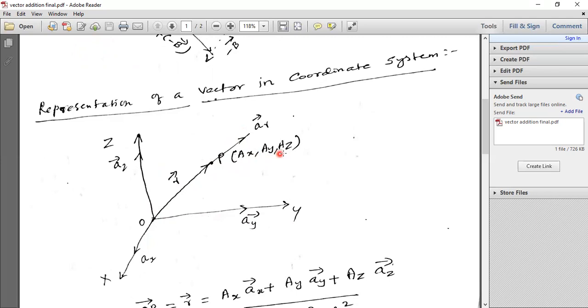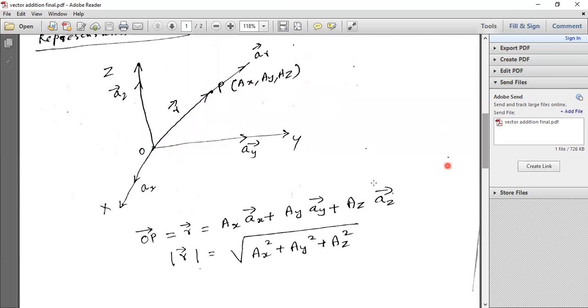So these are the coordinates of that point in rectangular coordinate system or Cartesian coordinate system. And this vector OP is given by R vector. OP is equal to R vector.